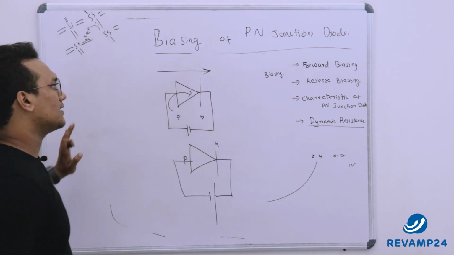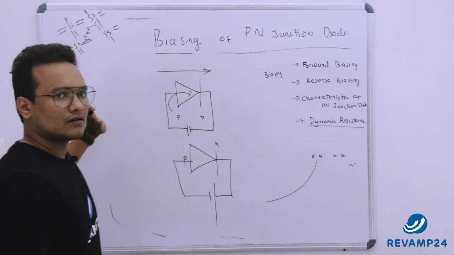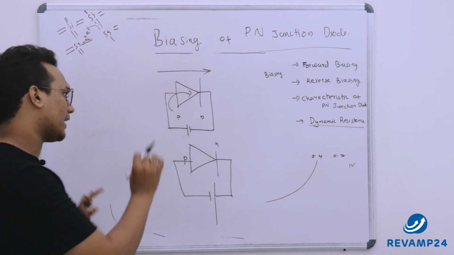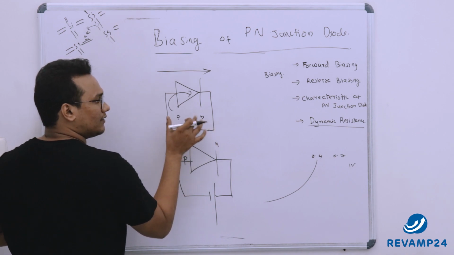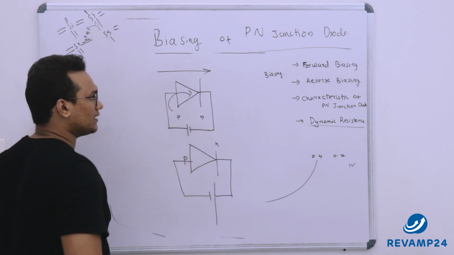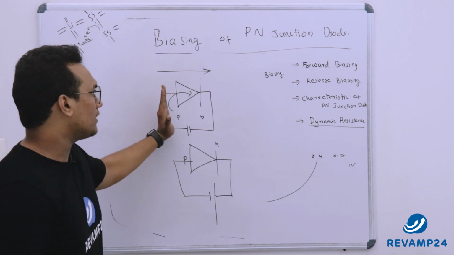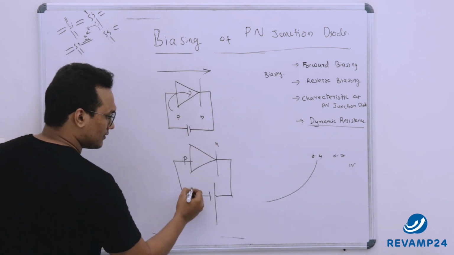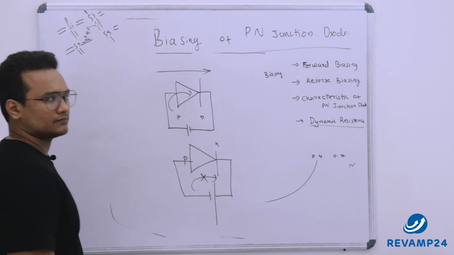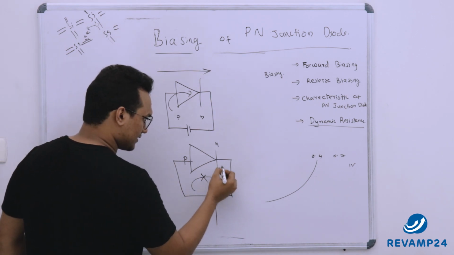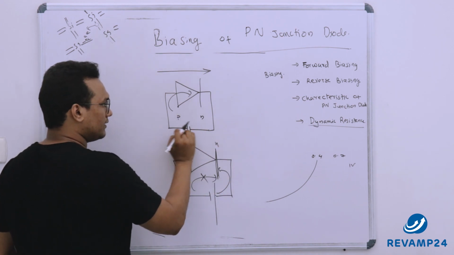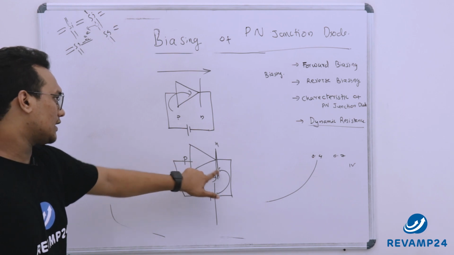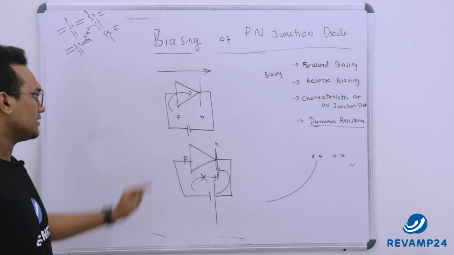In forward bias, current due to majority charge carriers is present, or I can say that when a PN junction is connected across DC, it would send current only if it is forward biased. When it is reverse biased, there is no current. So current would go in this direction. See, it says stop here, it moves in this direction. So always it is from positive to negative. That is the meaning of this arrow, this triangle.